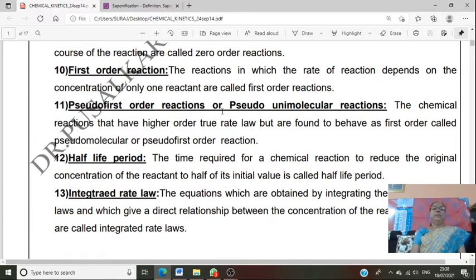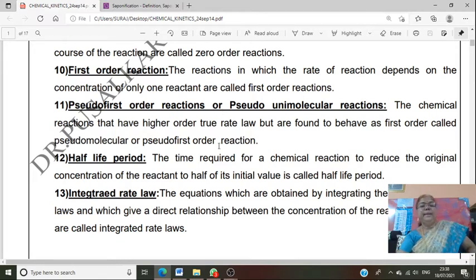Then you have studied the half-life period. The time required for a chemical reaction to reduce the original concentration of the reactant to half of its initial value is called the half-life period. I repeat, it is the time required for a chemical reaction to reduce the original concentration of the reactant to half of its initial value.